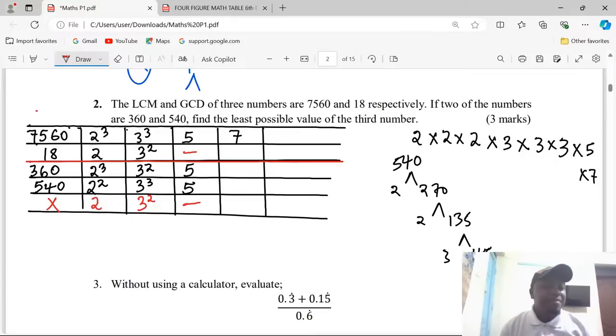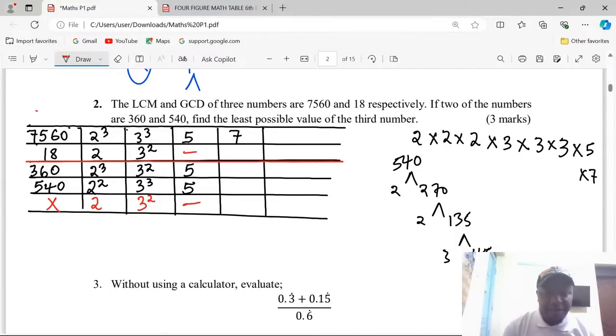It is not supposed to be there, because if it is there, the 3 numbers will start having 5 and the GCD will be tampered with. To ensure that the GCD remains 18, the number which is coming should not have 5, like the ones which have already been factorized. Because if it starts containing 5, then we will be required to change the GCD. So 5, we leave a gap.